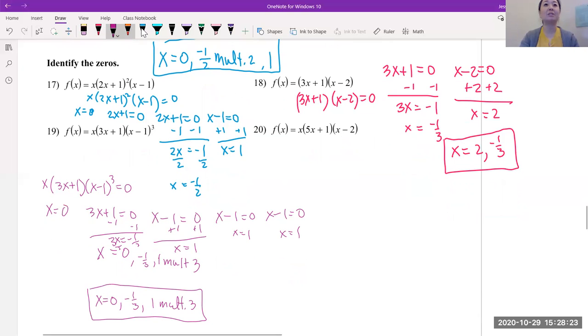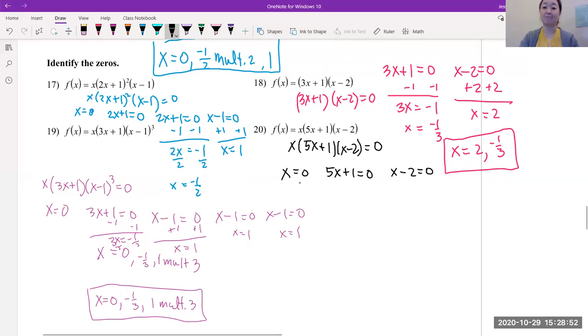All right, and my last one. So again, finding the zeros. Set it equal to 0. So again, since it's equal to 0, the zero product property says we can set all the factors equal to 0. So x is equal to 0, 5x + 1 is equal to 0, and x - 2 is equal to 0.